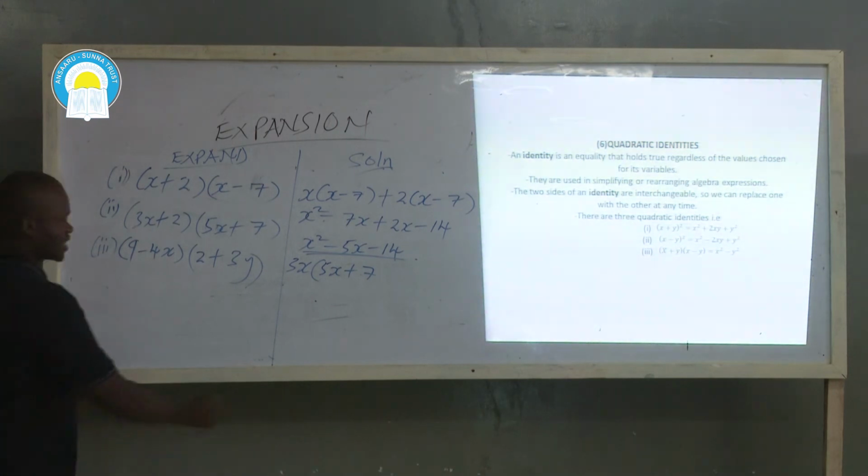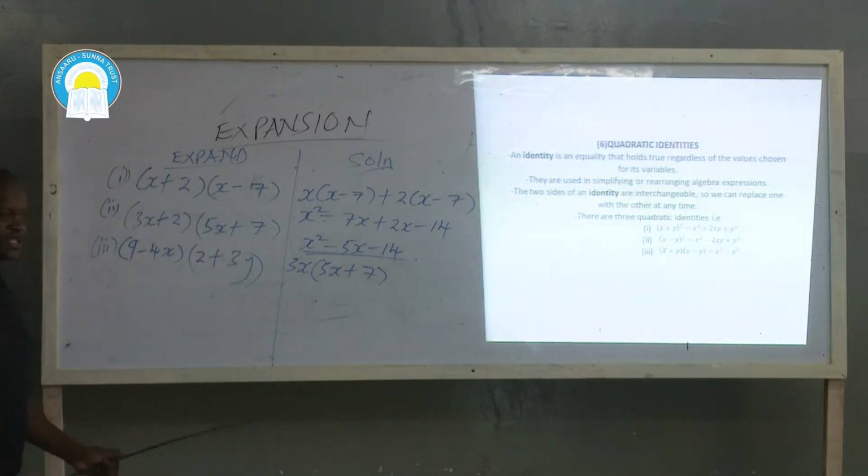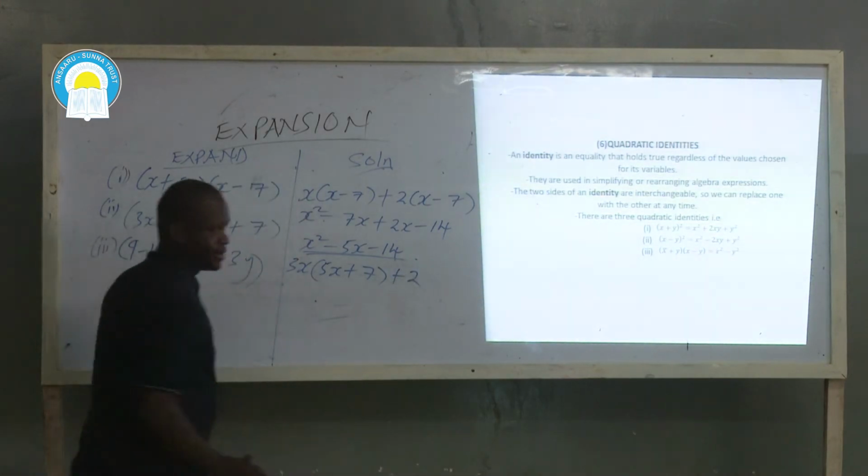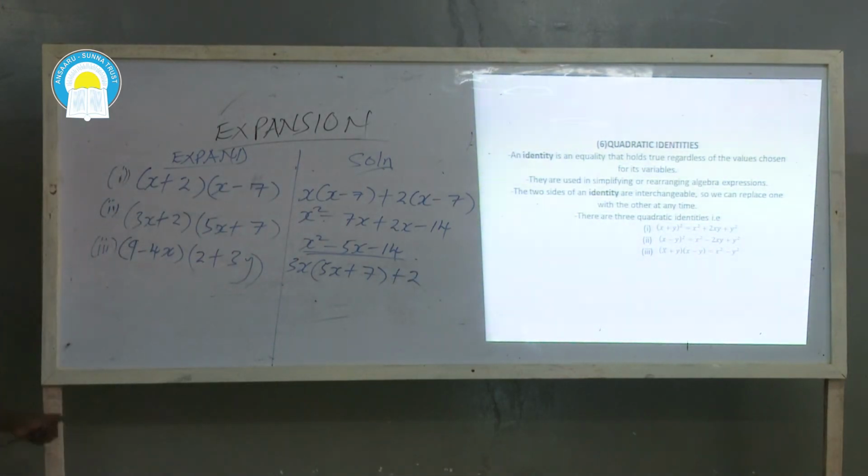Then we close the bracket. Then we go to the second term in our first bracket, that is, we take plus 2 again times the entire second bracket given by 5x plus 7.